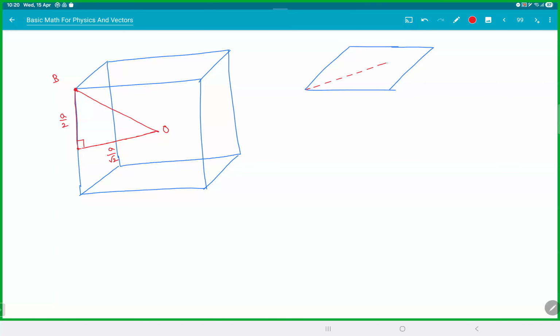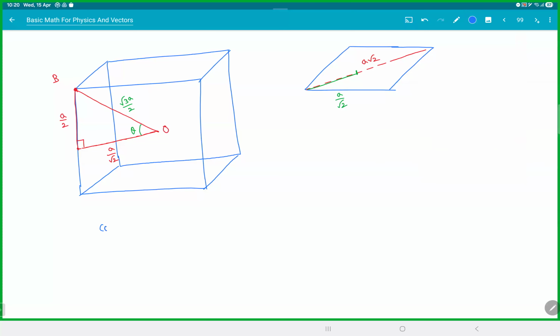The full diagonal is a root 2, and you're asking for half of it, so half of it will be a by root 2. This angle will be theta. Using Pythagoras theorem, OB is root over a square by 4 plus a square by 2, so OB will be root 3 a by 2.